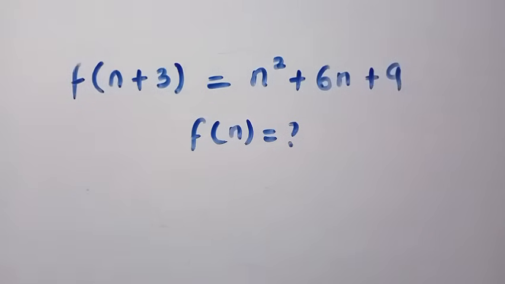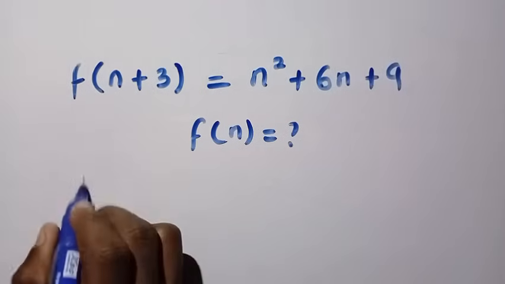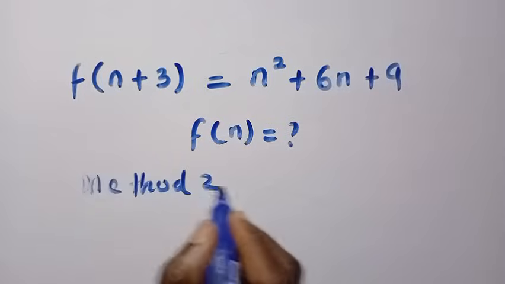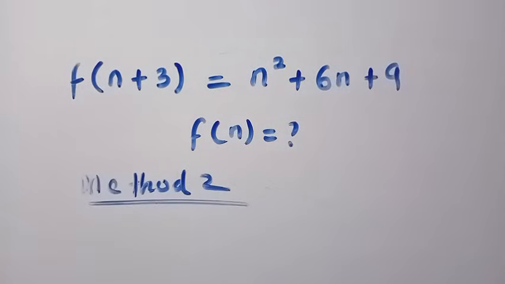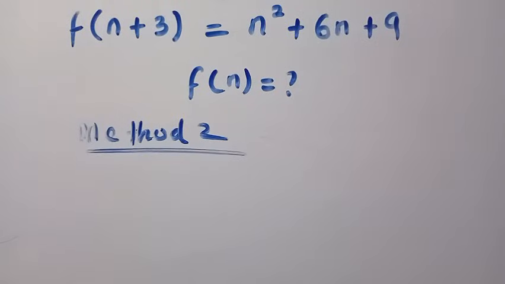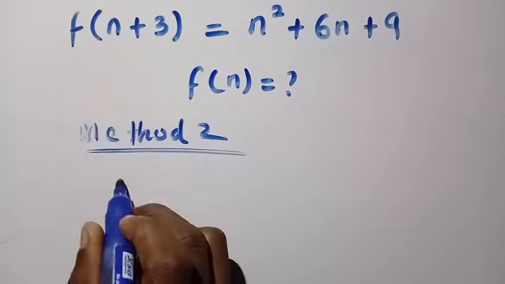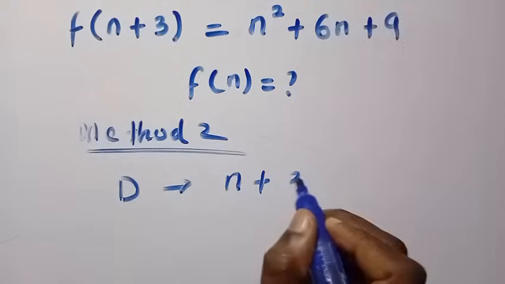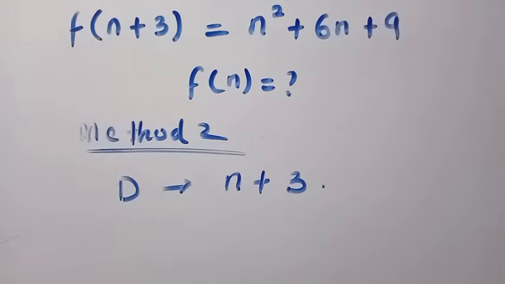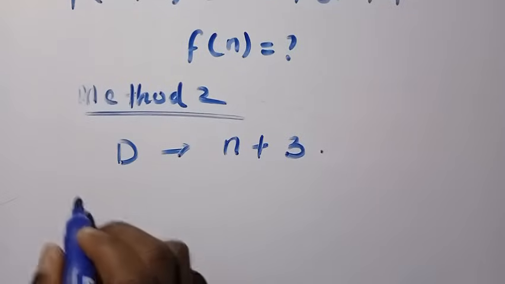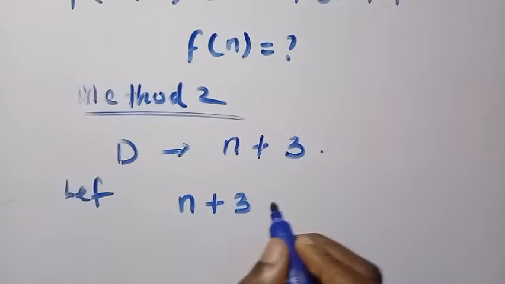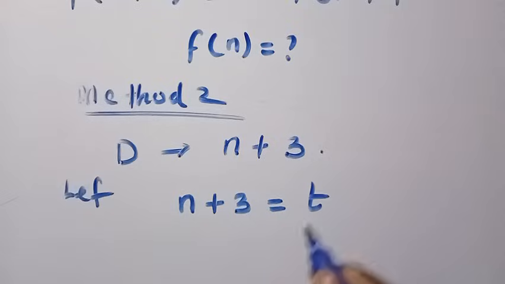For the second method, call this method 2. We are going to apply the substitution method here. We say the domain of this equation is given as n plus 3. Then suppose we let n plus 3 here equal another letter, say t.